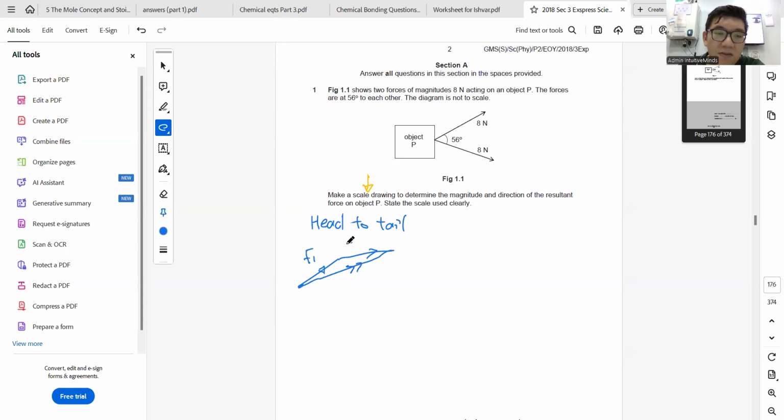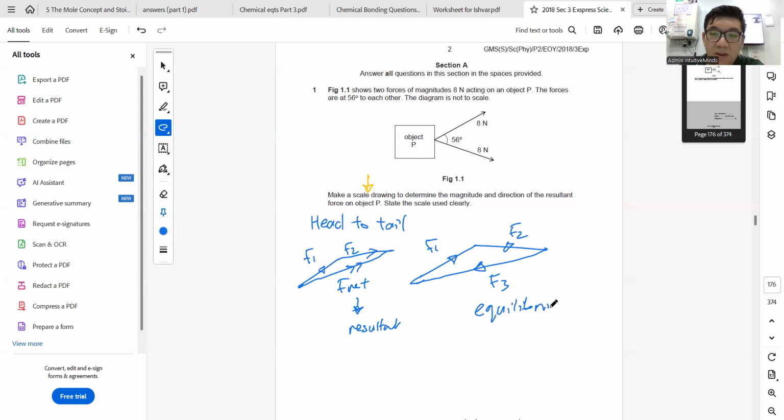So you have force one and force two, and you have the resultant force. Another example would look something like this: force one, force two, force three. The difference between these two is that there's a resultant force here. So this is what they call an equilibrium force triangle.